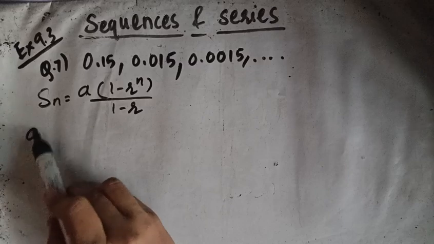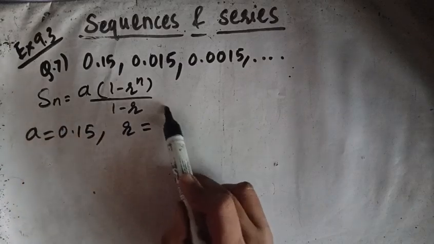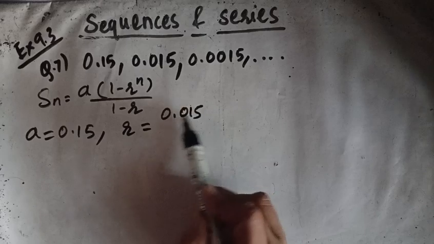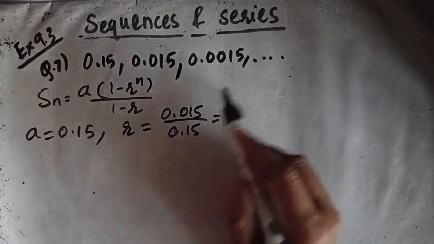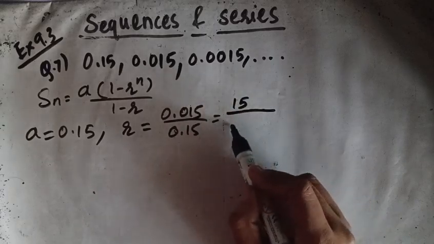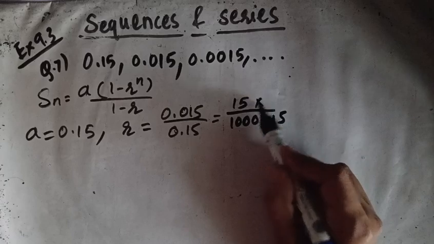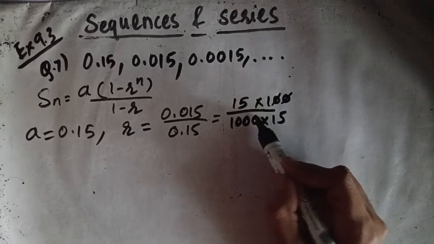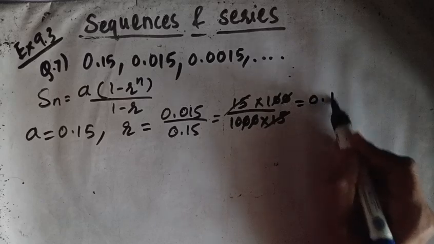A is our 0.15 and r is 0.015 upon 0.15. So we can remove the decimal, so it will be 1000 for this, and for this it is 100. So 1 upon 10, 0.1.